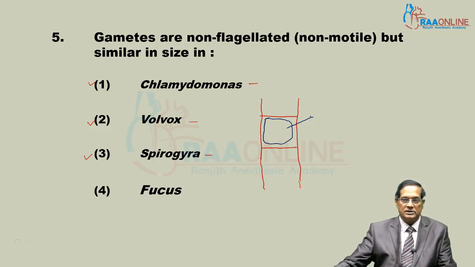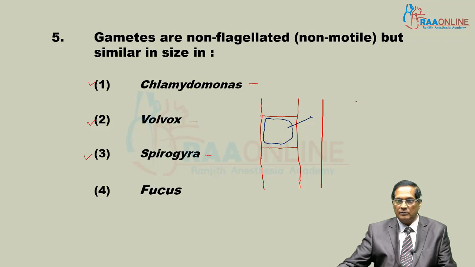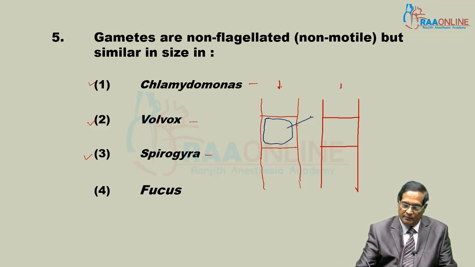And one more feature is concerned with Spirogyra. At the time of sexual reproduction, two adjacent cells, two filaments, come close together. One acts as male, the other one acts as female. Between them a conjugation bridge establishes.